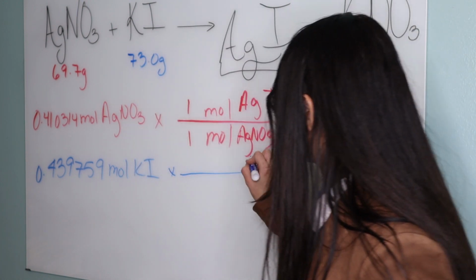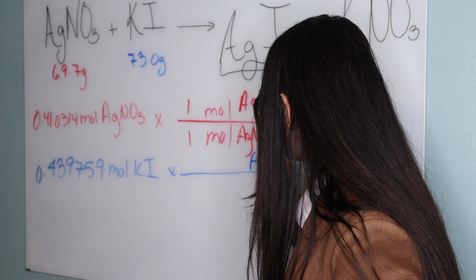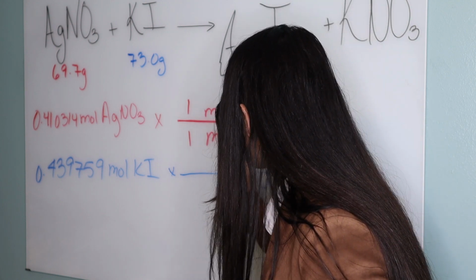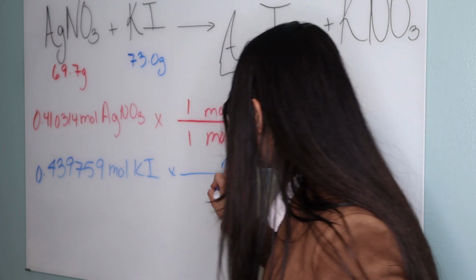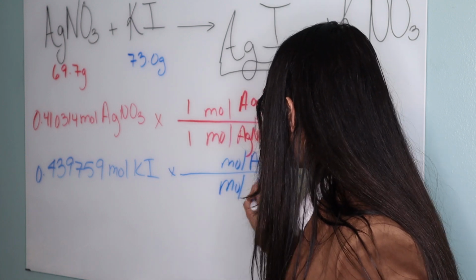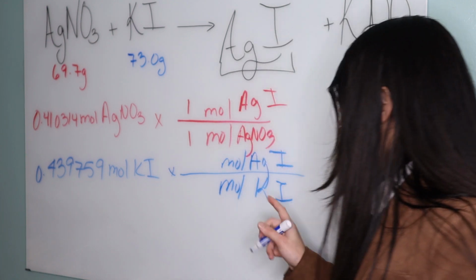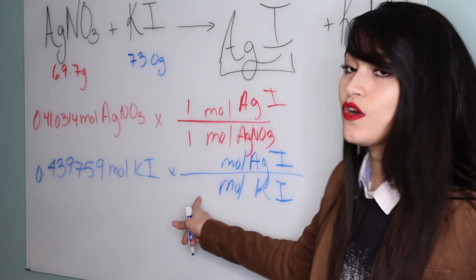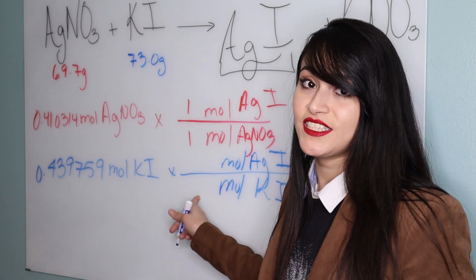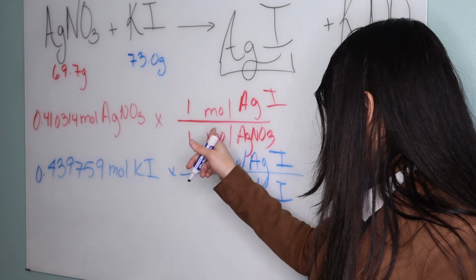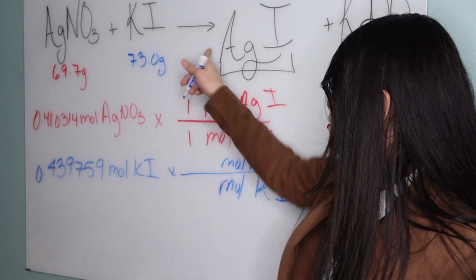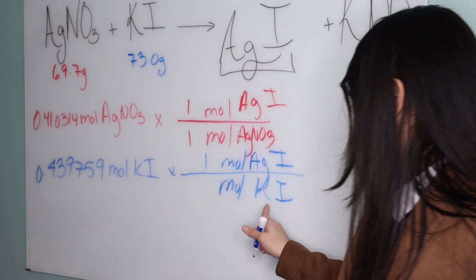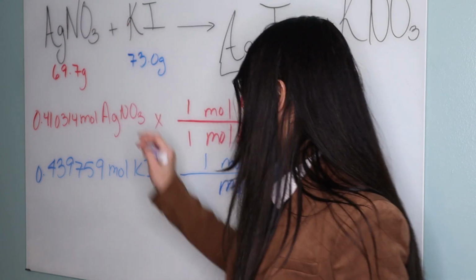And same thing, now I'm going to do that over here. We want silver iodide, so that's going to go on the top, but we want moles of that. And we want to get rid of moles of potassium iodide, so that's going to go at the bottom, and same thing goes in here. We're going to get the coefficients of the balanced reaction. So in this example, silver iodide, there's just 1. Potassium iodide, just 1.